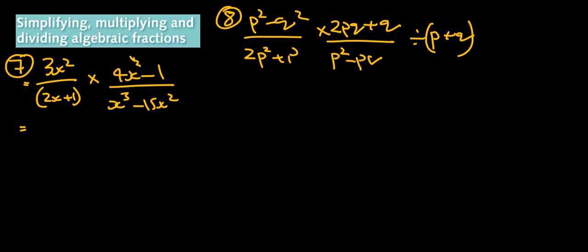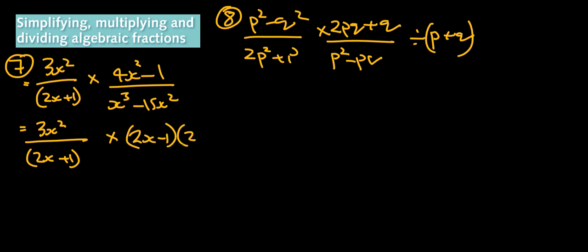So nothing cancels here. This is a difference of two squares. We can take out ax squared there to give x minus 15.